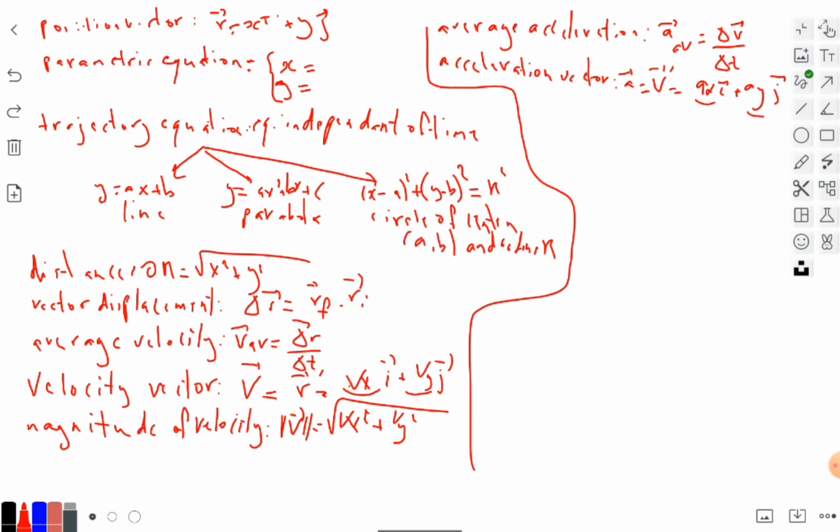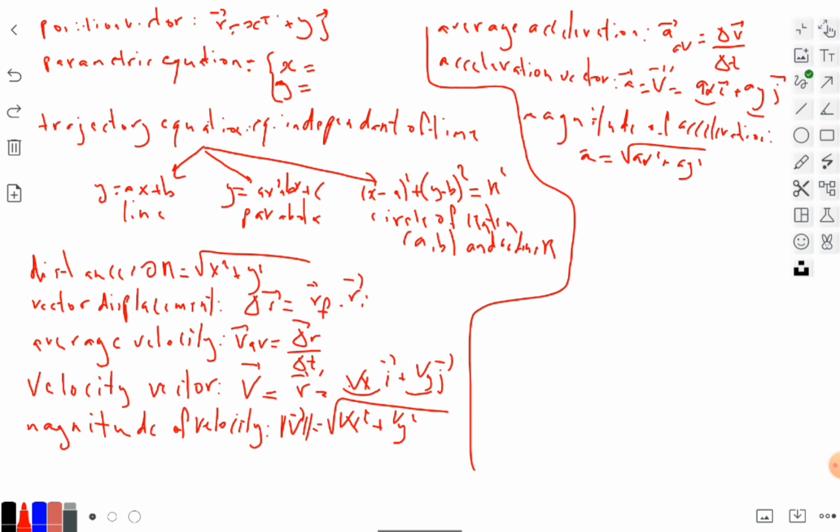Magnitude of acceleration, a equal radical ax square plus ay square.